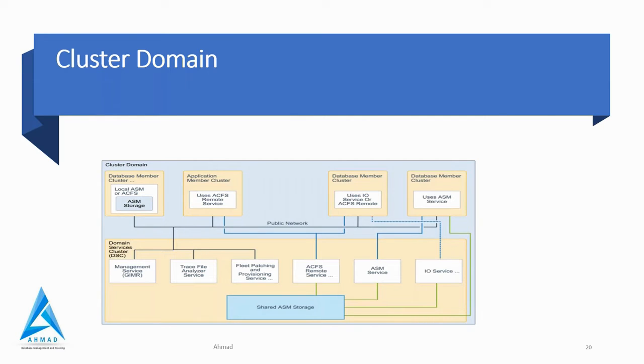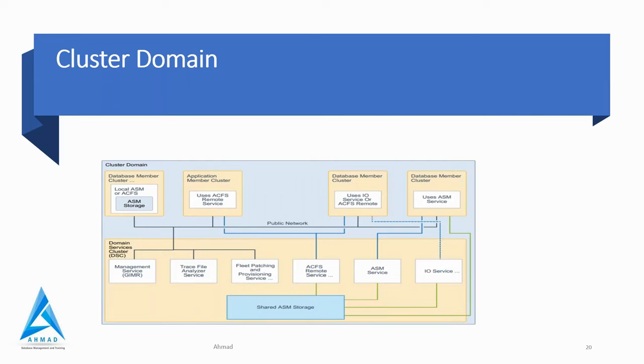So you can see the database member cluster and the application member cluster. The database member cluster can have local ASM or ACFS, and the application member cluster can use ACFS or remote service, all using the public network.